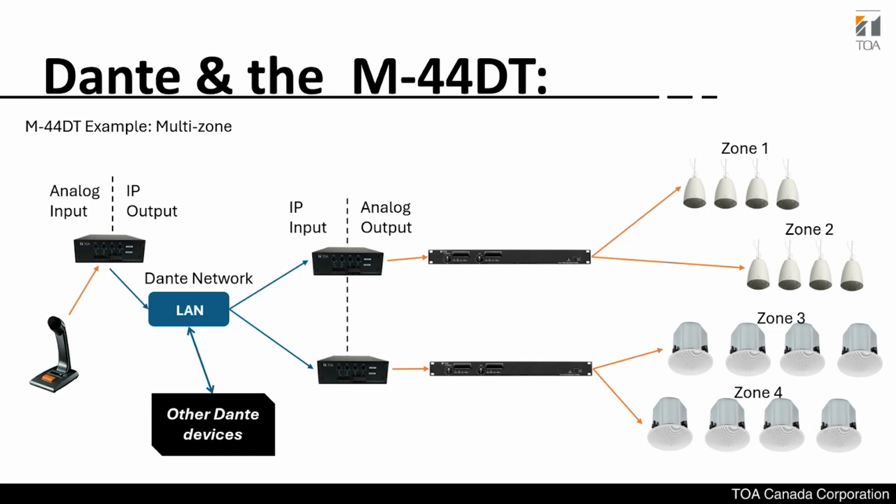From audio out, it goes to the amplifier, and from the amplifier to the speaker. So it's very easy to understand the signal flow, how it goes from one location to another. We can even add third party Dante devices, which is totally fine, and they will communicate together without any issue.